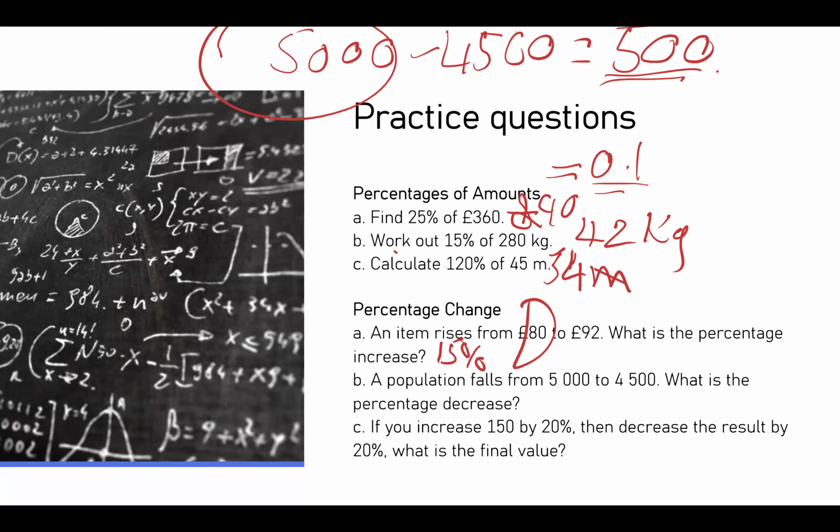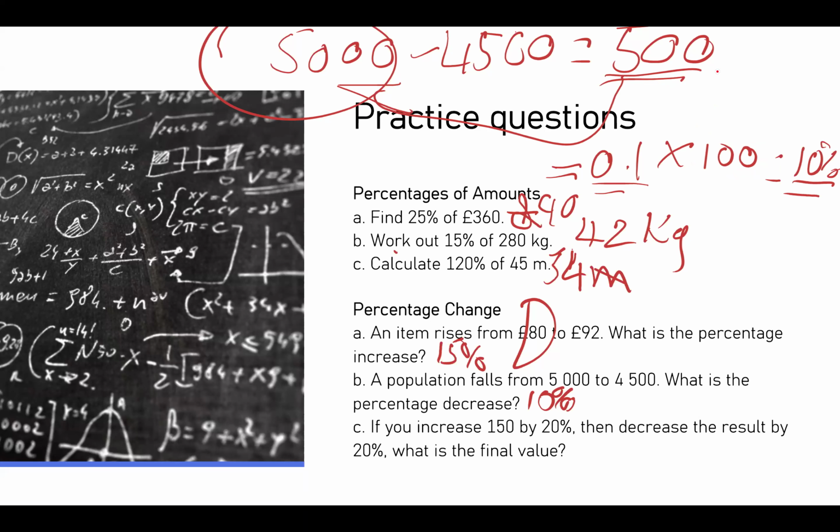To find it as a percentage, all we do is multiply by 100, which equals 10% decrease. So what we did was divide by the number it was initially, 500 divided by 5,000, which equals 0.1, multiplied by 100, which equals 10% decrease.